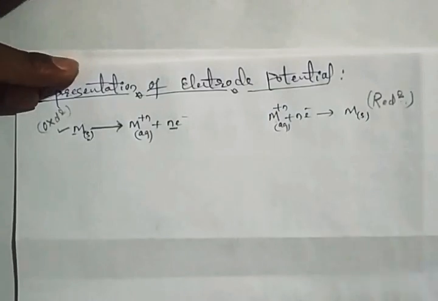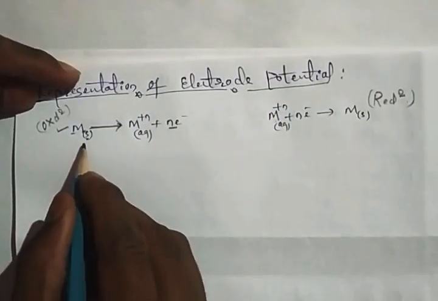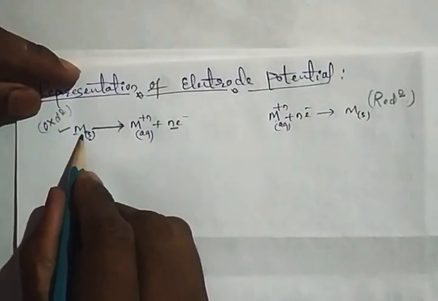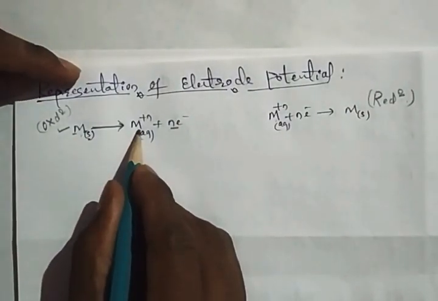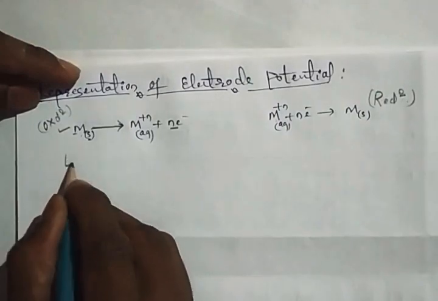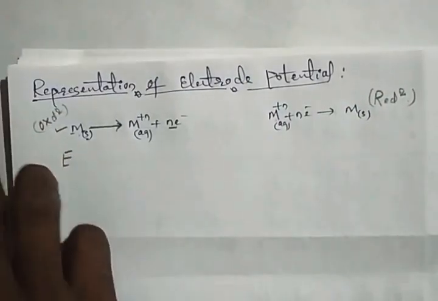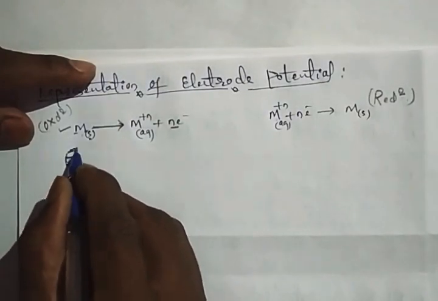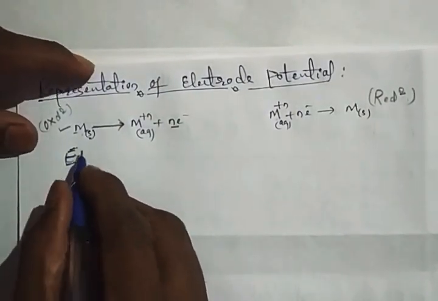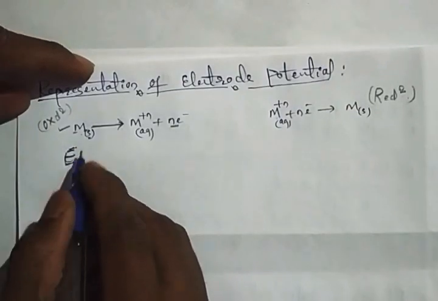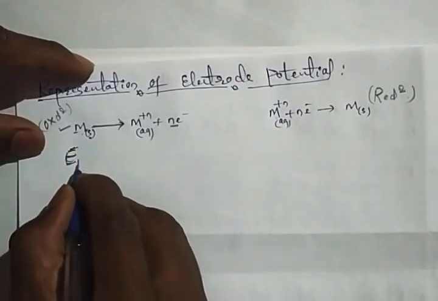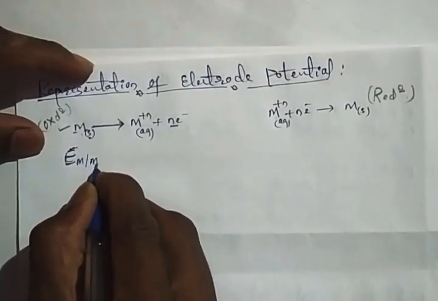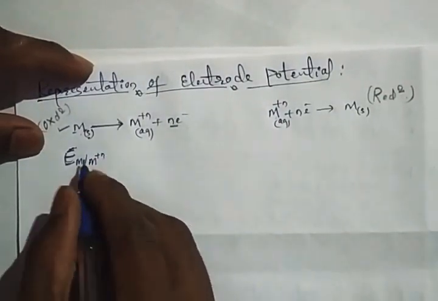The first one is the oxidation potential, represented by metal bar its ion. So the electrode potential E is represented by putting a subscript, metal M bar M plus, that is the ion.